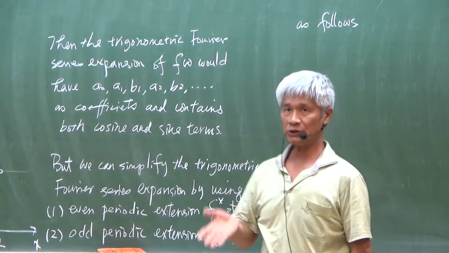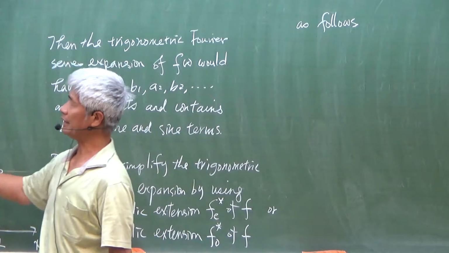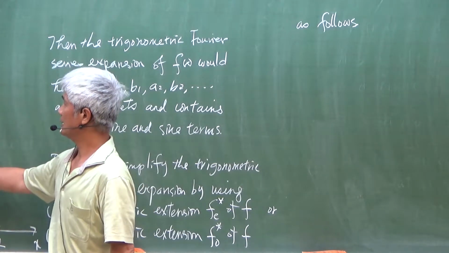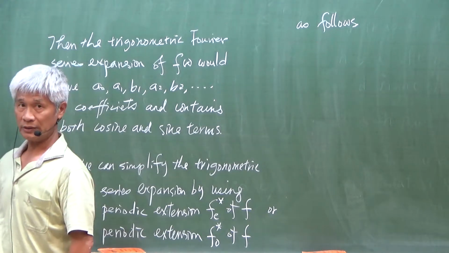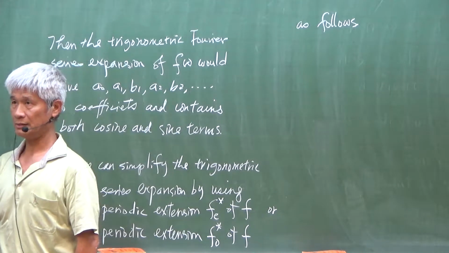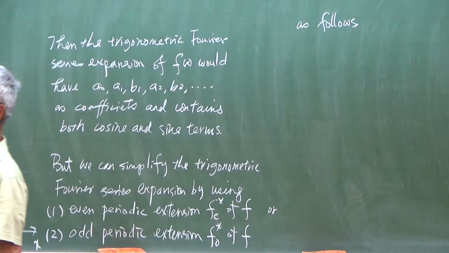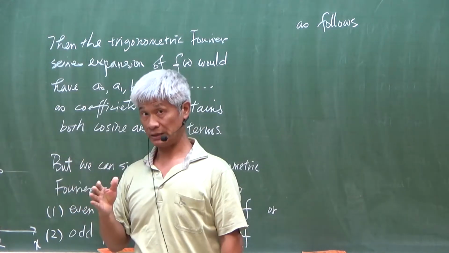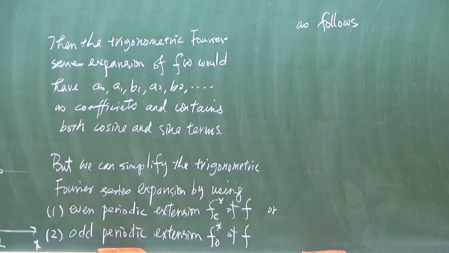Right. So we have alternative choices. You can insist to regard f of x as in one period of the periodic function f star. And of course, by theorem 11.1.2, you will have the trigonometric Fourier series expansion for f of x in this one period.